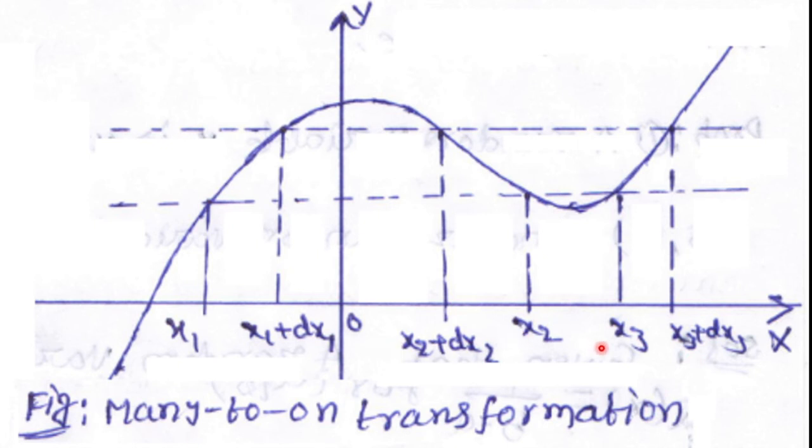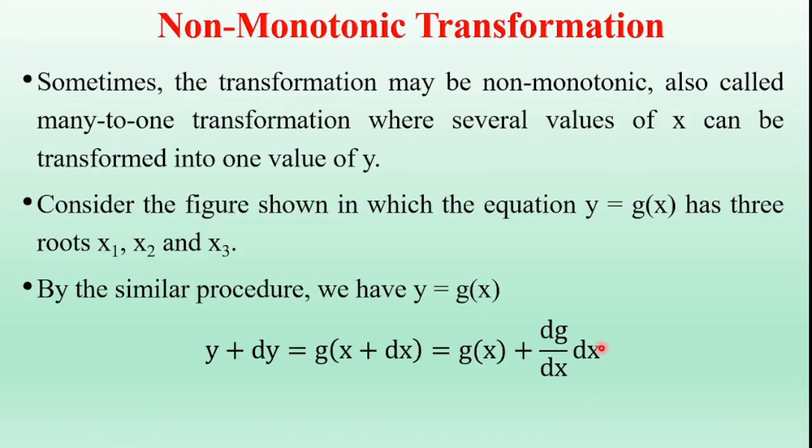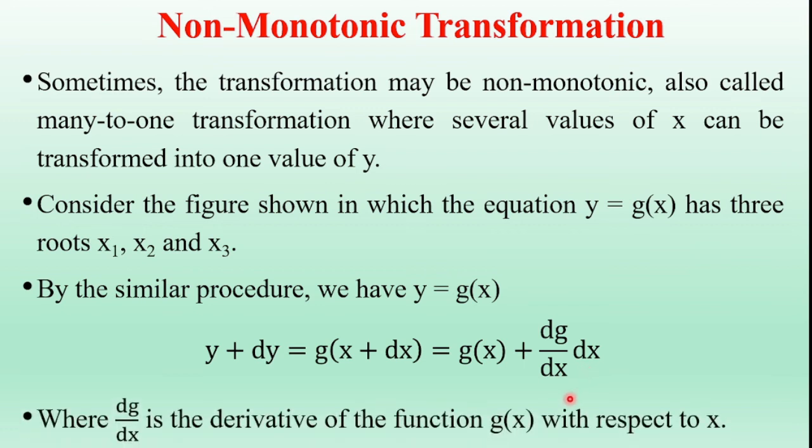By the similar procedure, in the same manner as the monotonic transformation, we have y is equal to g(x). We may also write y plus dy is equal to g(x plus dx), which is approximately equal to g(x) plus dg/dx into dx, where dg/dx is the derivative of the function g(x) with respect to x.